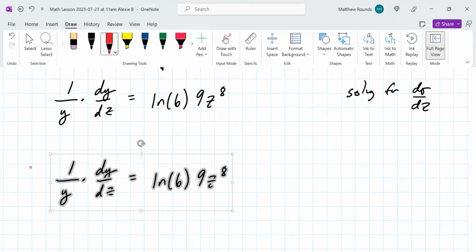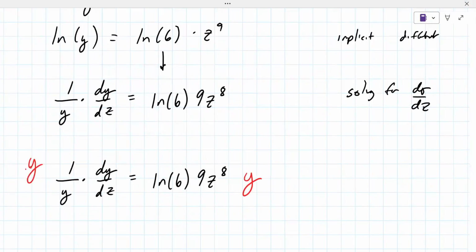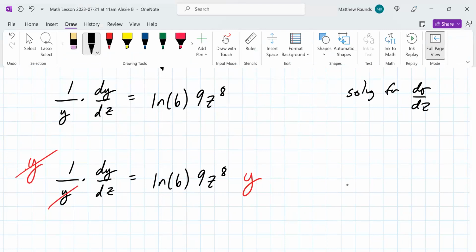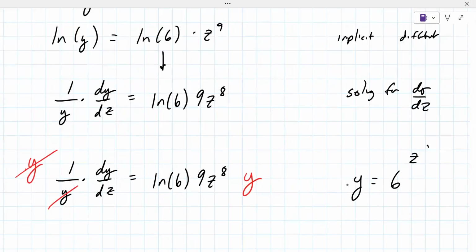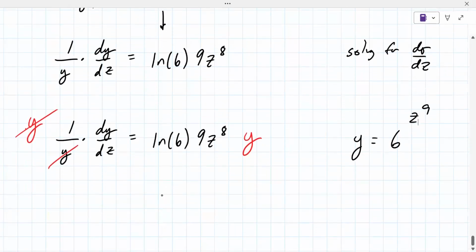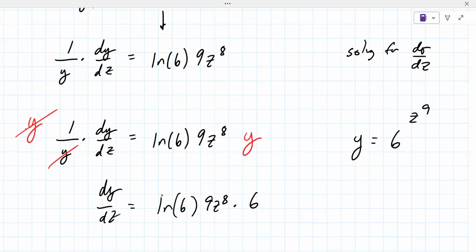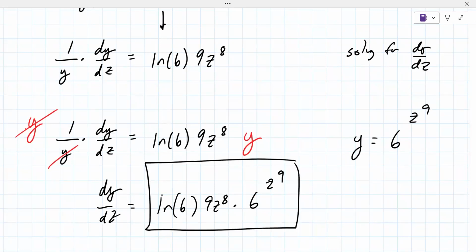You can see that that y cancels with that y. But what is y? Well, y is the original function that you started with. So your answer is dy dz, and it is always the case that it looks like this. It's whatever you end up getting for your derivative times the original function, like this. So this is your final answer.